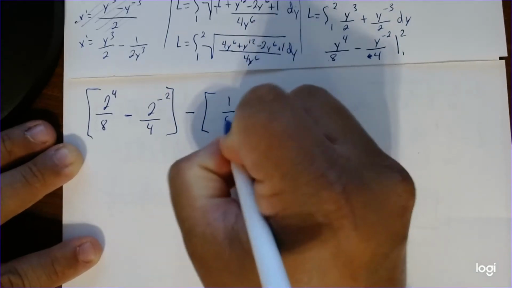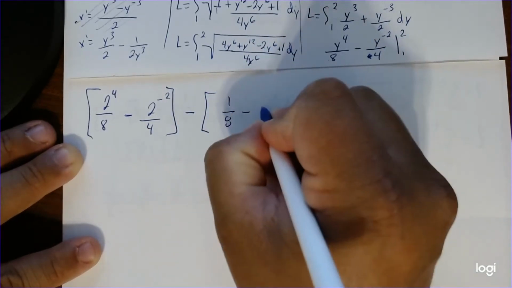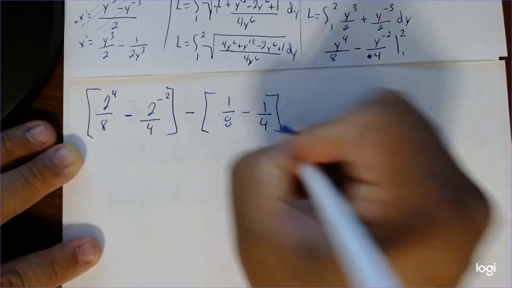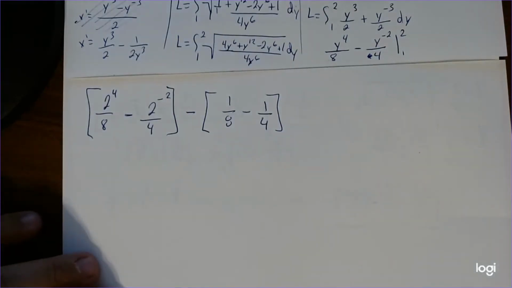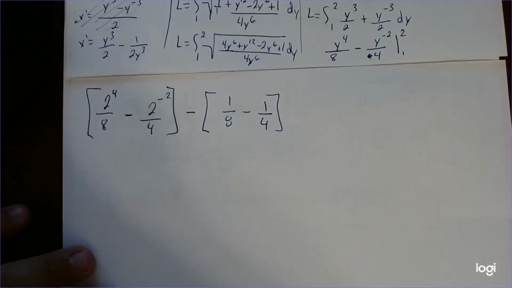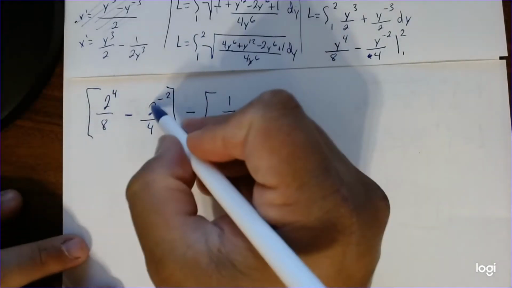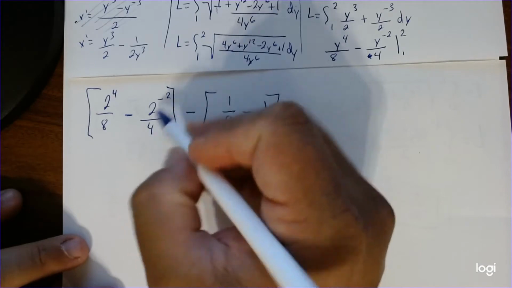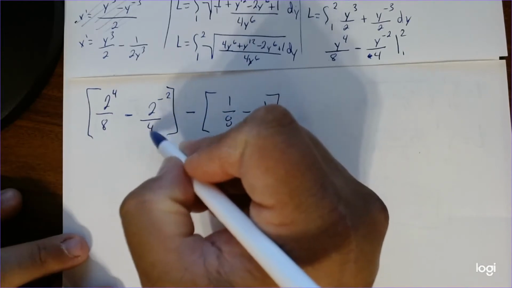So it's technically 1/8 minus 1/4. Not too bad, right? So this is going to be the bottom, so negative 2 power, so this is going to be 4 times 4, which is 16 on the bottom.